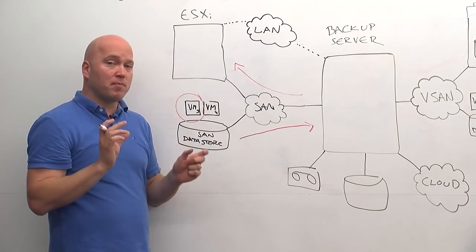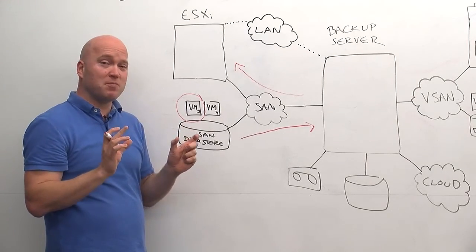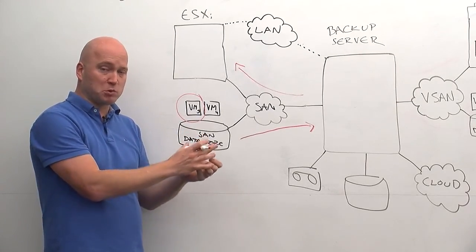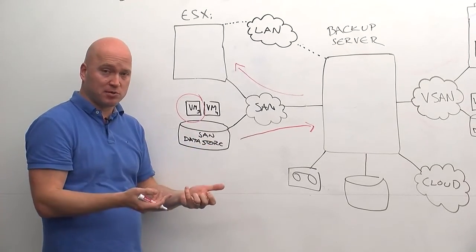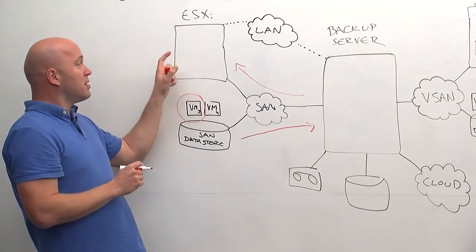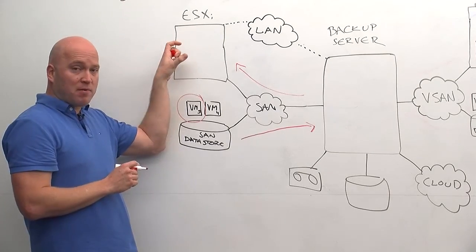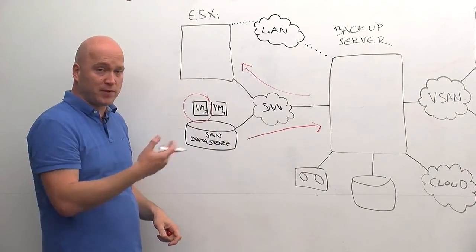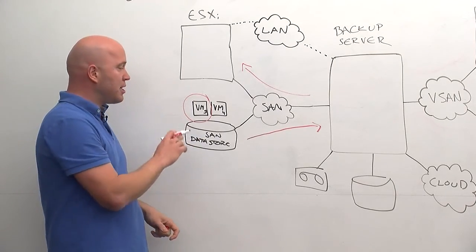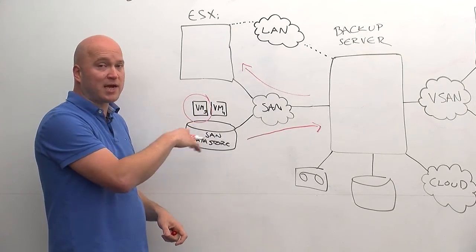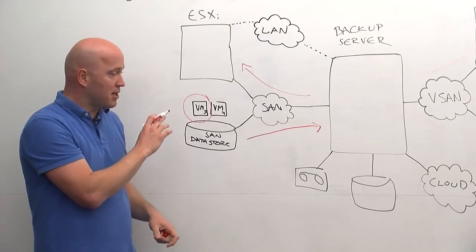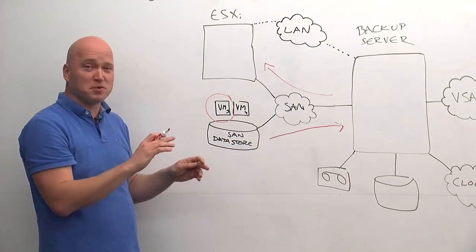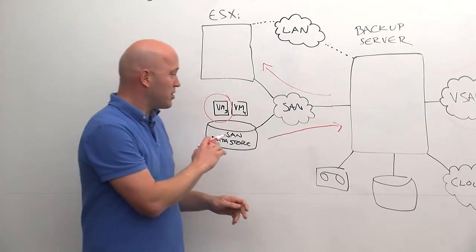And that's an important difference to keep in mind, because if you're using a traditional agent-based backup of your virtual machines, backing them up like a physical system, you're always causing an impact on the vSphere environment. Whereas if you're using the off-host backup method of VADP, or vStorage APIs for data protection, there's little to no impact on the actual environment. And that really helps you as a customer, so that you won't have any kind of disturbance in the vSphere farm with your operations.